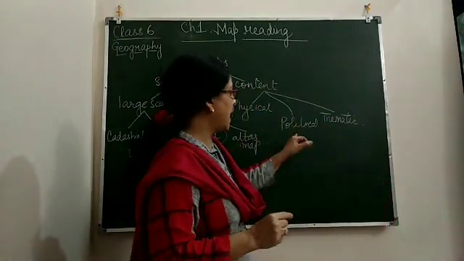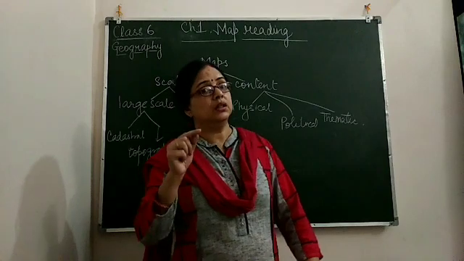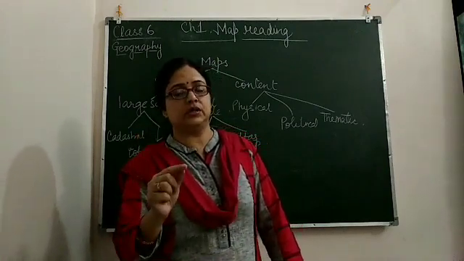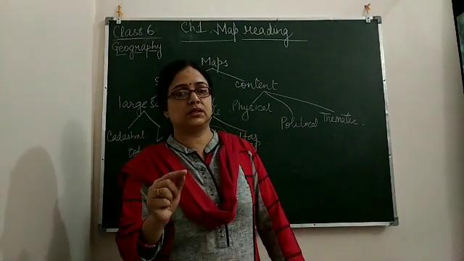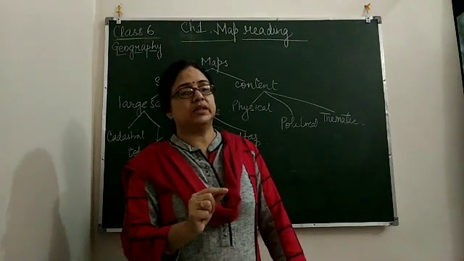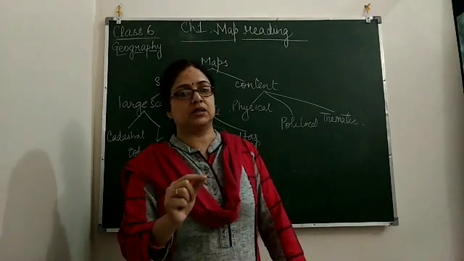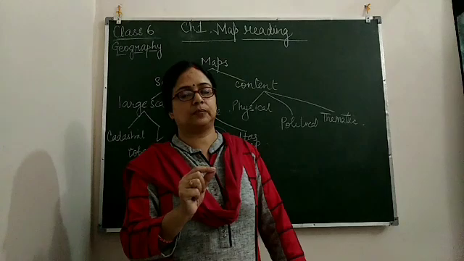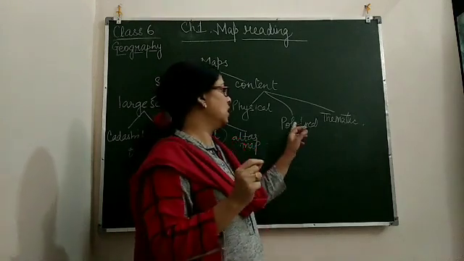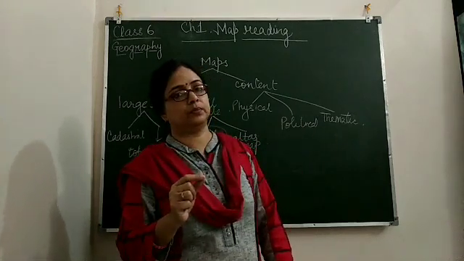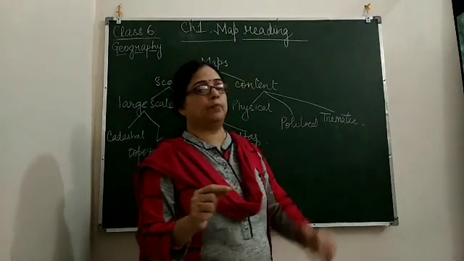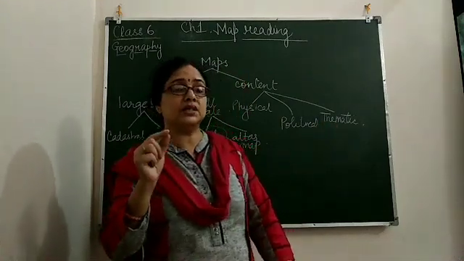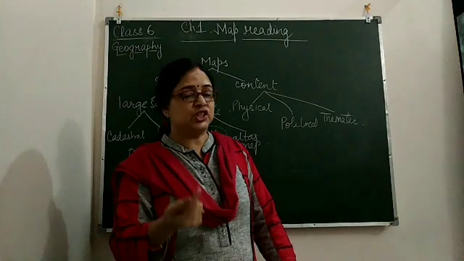Next, the map which represents the countries, continents, states, their capitals, and their boundaries is called the political map. Thematic map: a thematic map represents the vegetation.